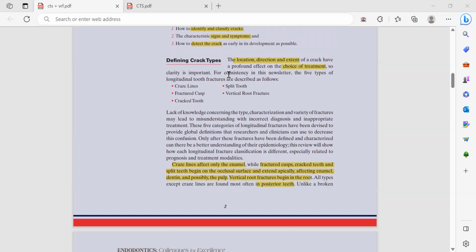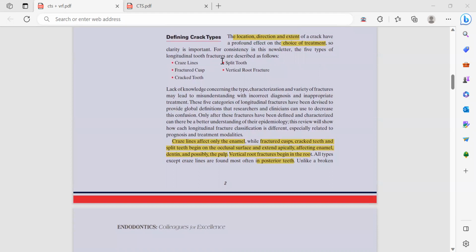So clarity is important. For consistency in this newsletter, the 5 types of longitudinal tooth fractures are described as follows. First is crazed line. Second is fractured cusp, then cracked tooth, split tooth, and vertical root fracture. Just try to remember that the prognosis is good at the start, then it goes towards worse.